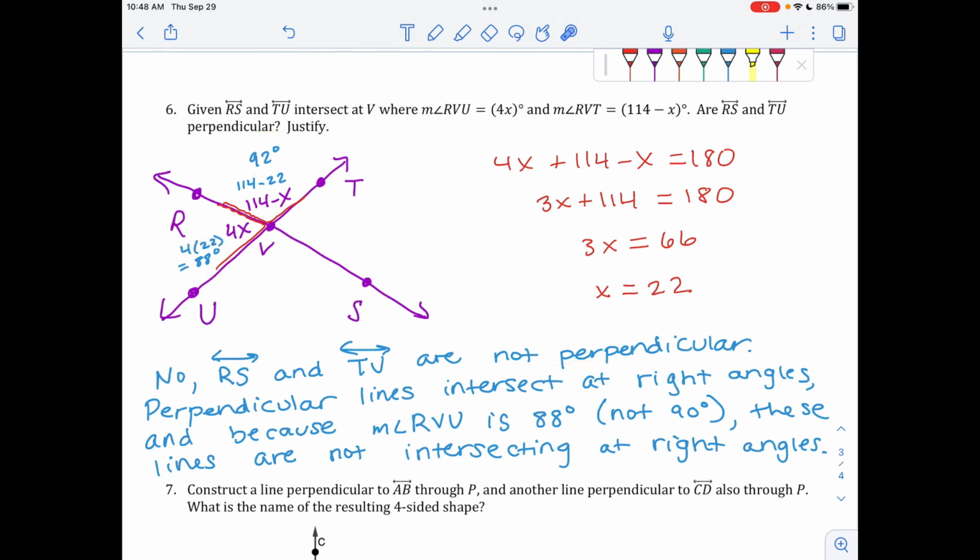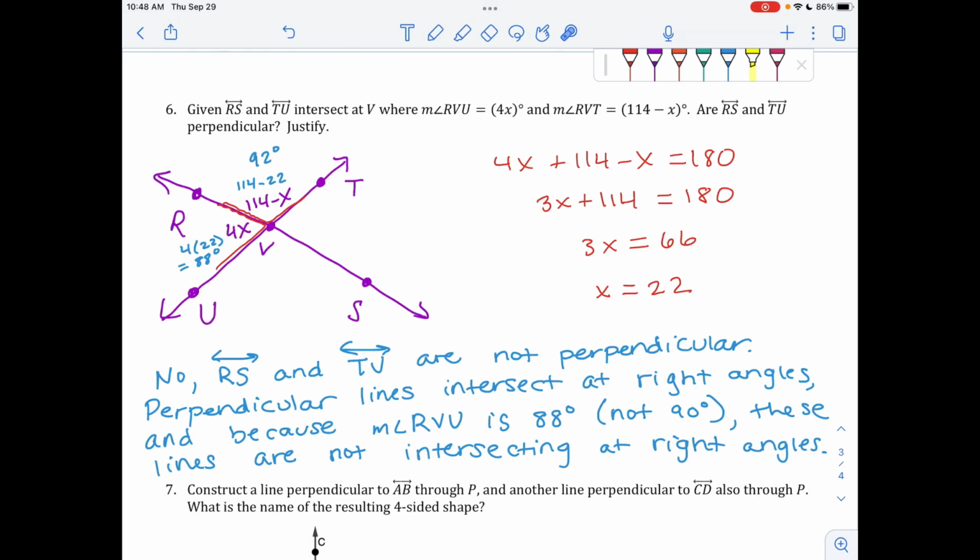Well, the best way to explain that is to explain what perpendicular lines are. Perpendicular lines intersect at right angles. And so I know these aren't right angles because they're not 90 degrees. So that reasoning part has to connect your claim to your evidence and explain why your evidence made you make the claim that you did.